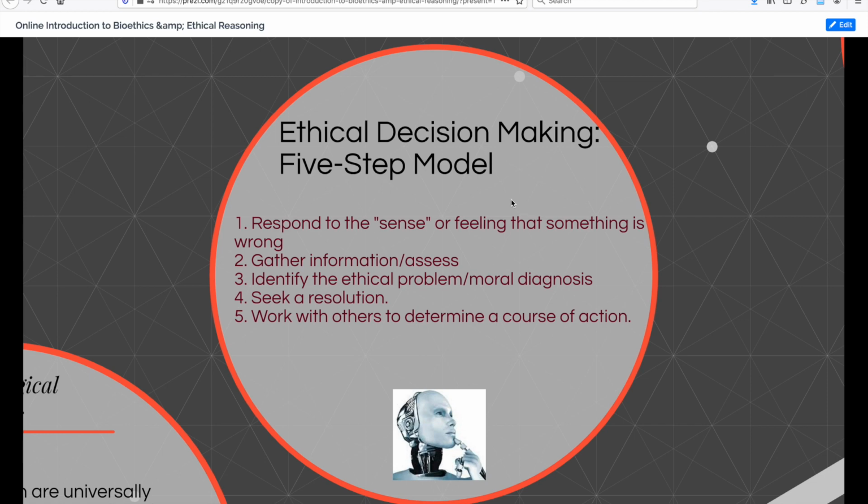Now, these might seem very simple, but it's good to have them in the back of your mind. So if you sense that something is not right, gather information and assess, identify and or diagnose what the potential problem could be, and seek a resolution with others.